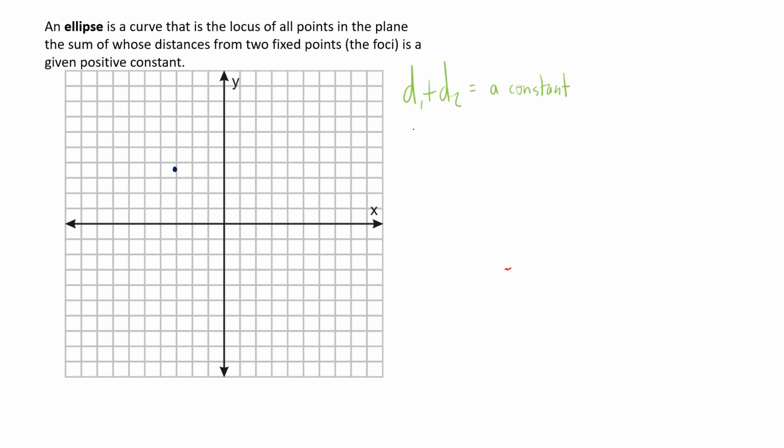Let me see if I can show you what that might look like again. So let's put those foci back. These red points are going to be the foci. And I'm going to try to draw in an ellipse. This is not going to be the greatest ellipse ever drawn.